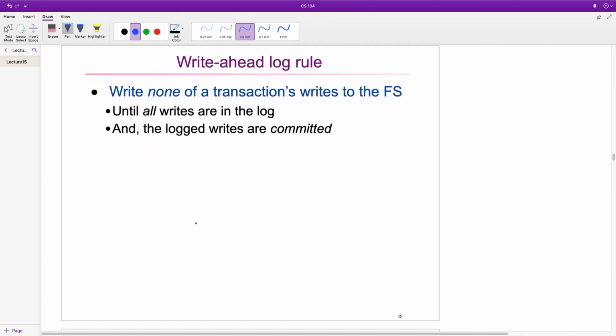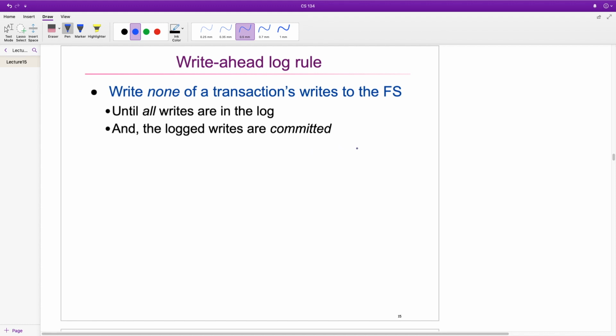All right. So we are not going to write any of the writes that should go to the file system until we've got them all in the log, because that's the only way we can guarantee we'll be able to replay them in case a crash happens. Okay? So they're all in the log before we start putting any of them in the file system.